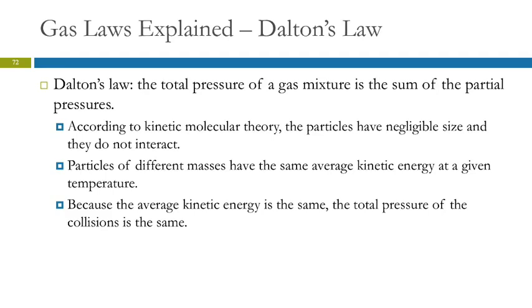So if you have a small gas particle, it's going to have a higher speed to have the same kinetic energy as a large gas molecule. But the average kinetic energy is the same. So the pressure from the different kinds of gases is going to be the same. So each of the gases just exerts its own pressure, and that adds up to the total pressure.